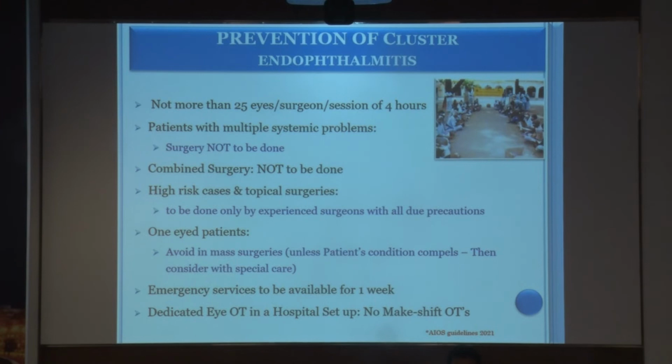Combined surgery should be avoided. High-risk surgery should be done only by an experienced surgeon with due precautions. One-eyed patients should be avoided in mass surgeries, unless it is a hypermature cataract, then you have to take all precautions, use your best surgeon, your best equipment, etc.